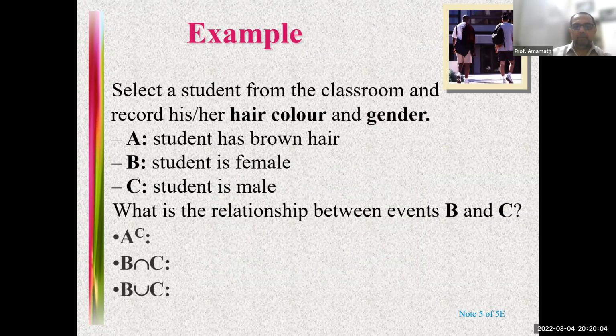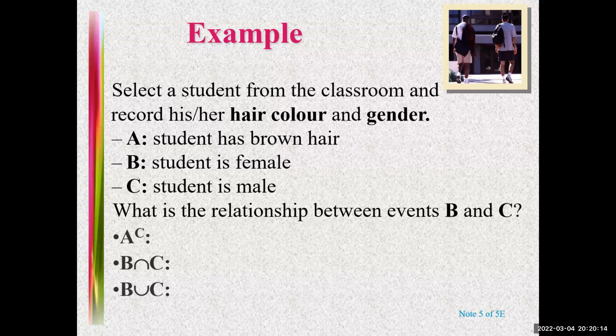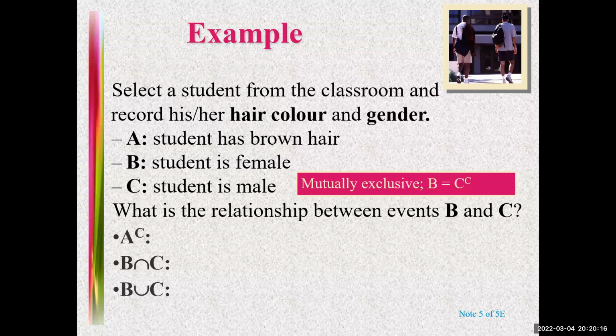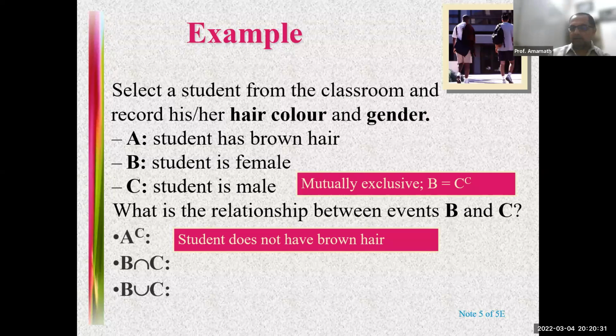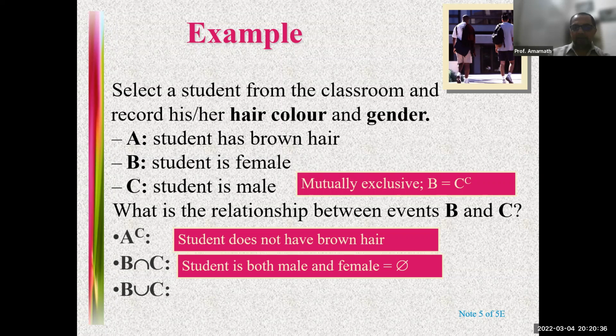We have A complement, B intersection C, B union C. B intersection C, because male and female, sorry, this is an intersection between hair color and gender. Student is both male and female, it's a null set. Student is either male or female, all students put together, that's the whole sample.